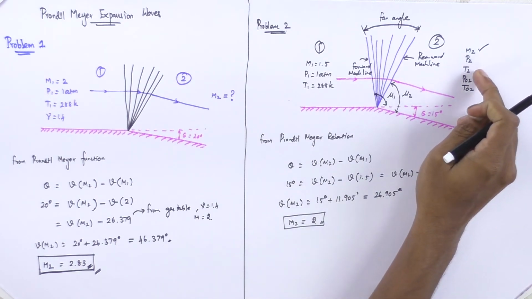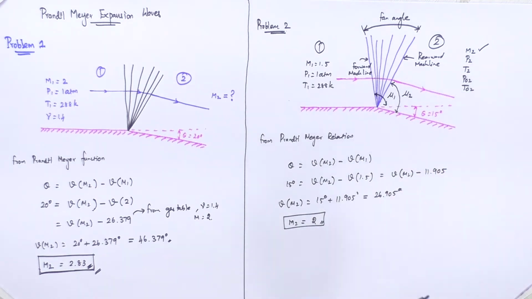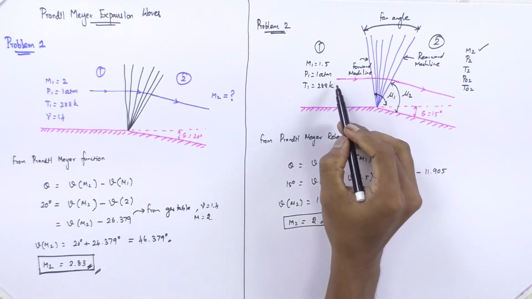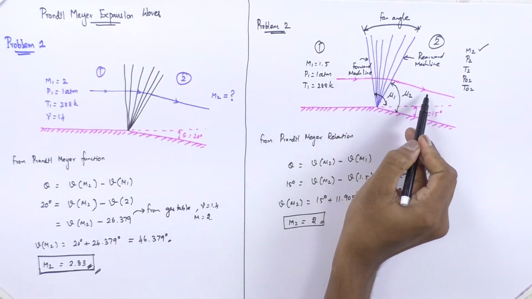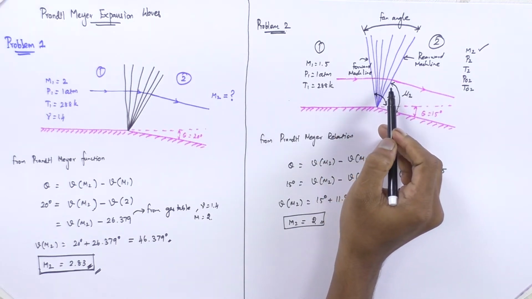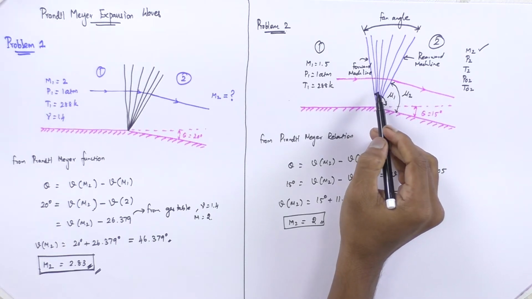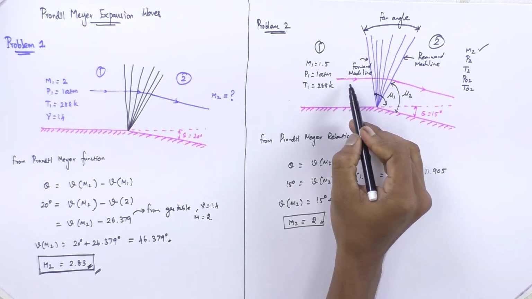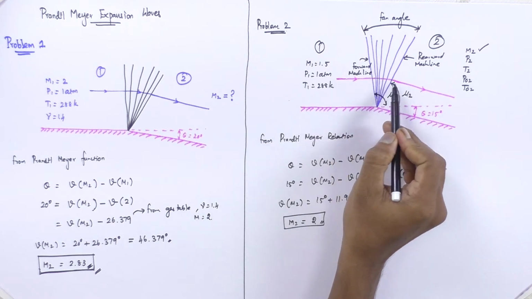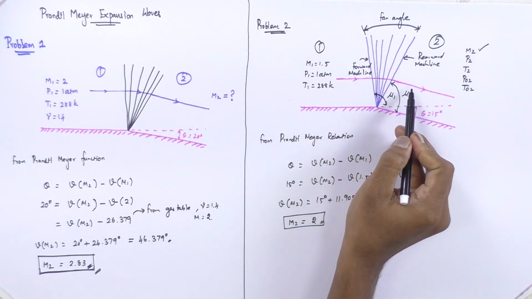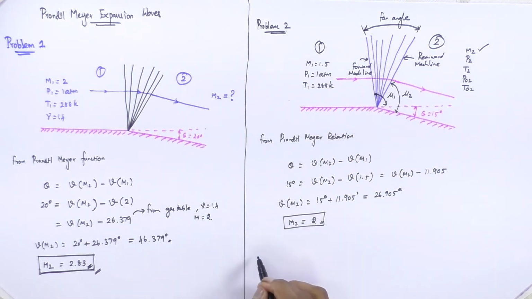Then we need to calculate the P2, T2, P02 and T02 values. We know that this flow process is an isentropic process, so we can use isentropic relations. In an isentropic process, stagnation temperature and stagnation pressure will be constant. So using that concept, T01 will be equal to T02.